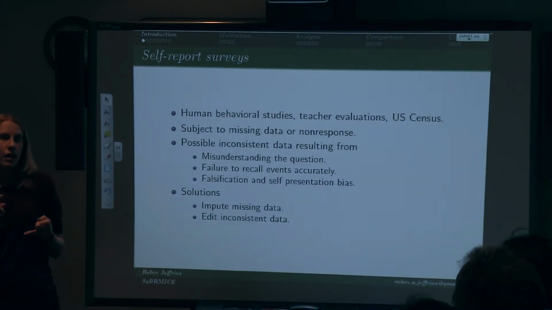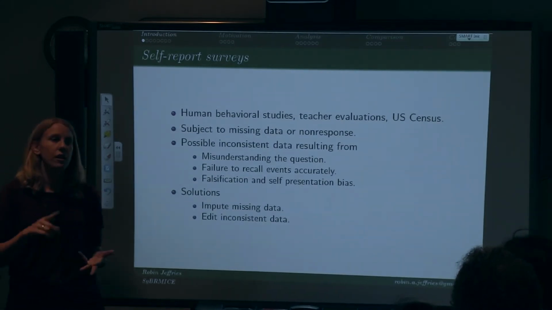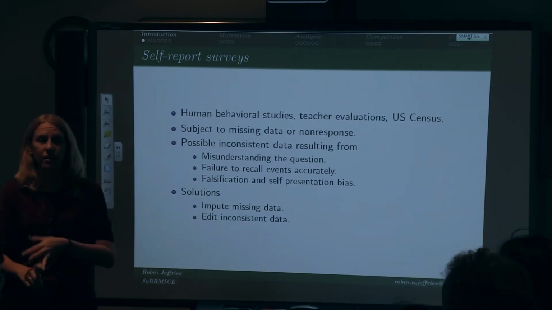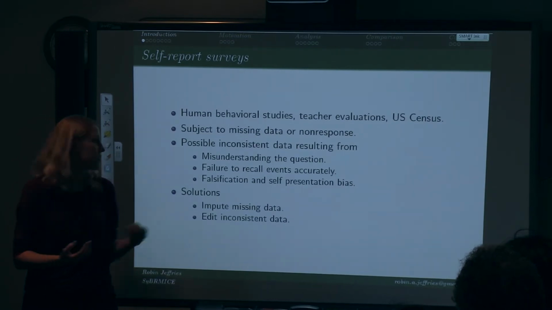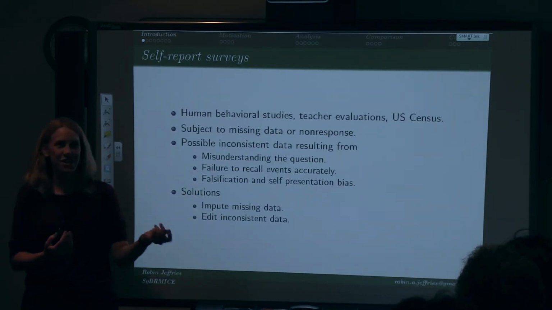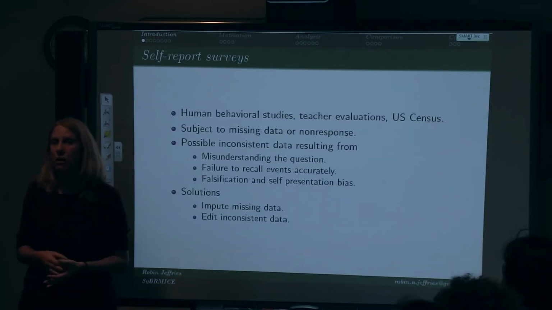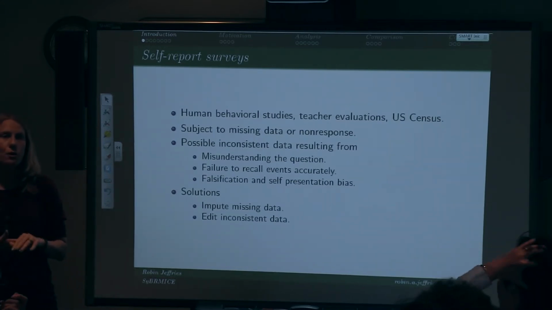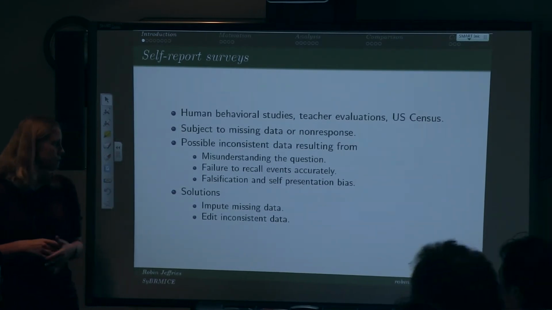It could be the participant not understanding what you're trying to ask in the question. It could be a failure to recall, like when you ask them what they did 5 years ago. Or it could even be presentation bias, where they're trying to choose what they think is the most socially acceptable response. So we don't always know why the data give conflicting responses.